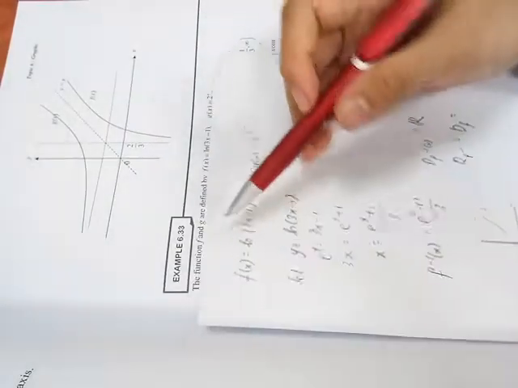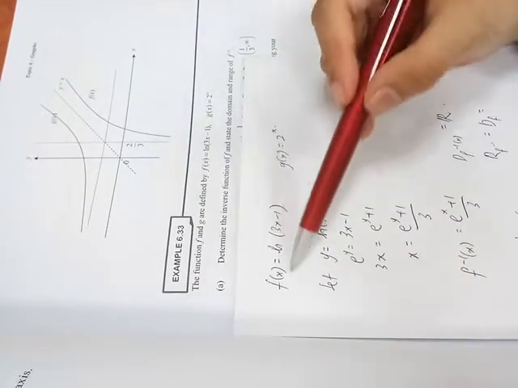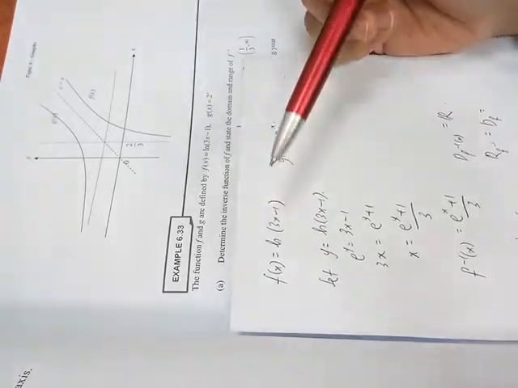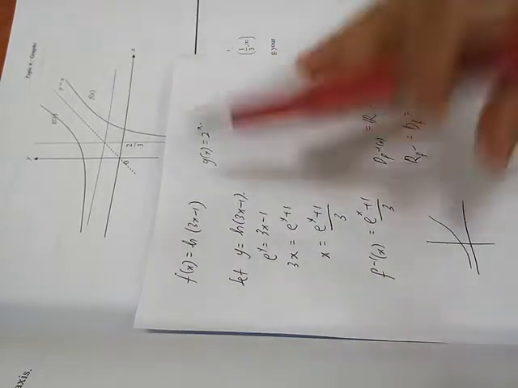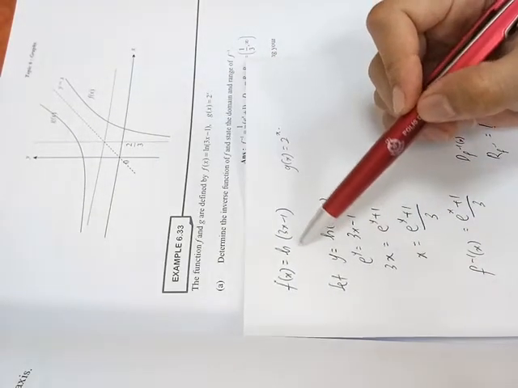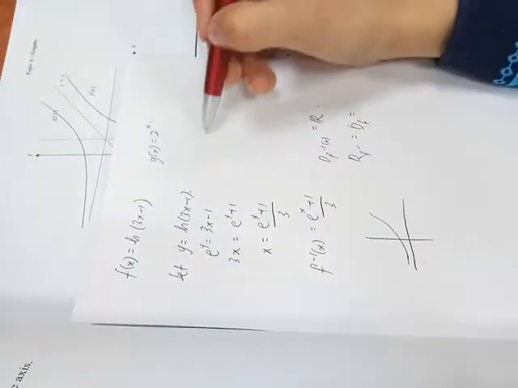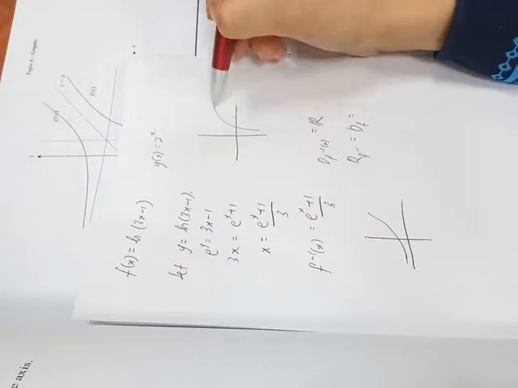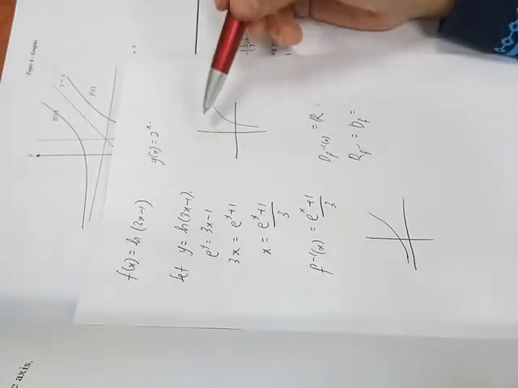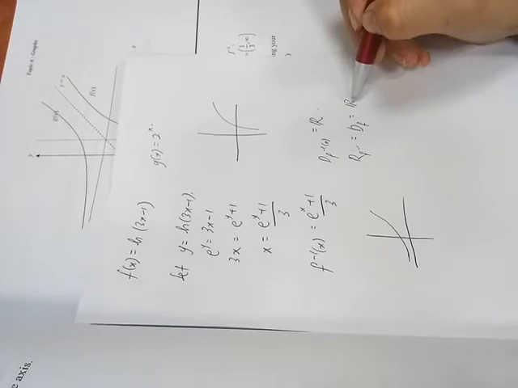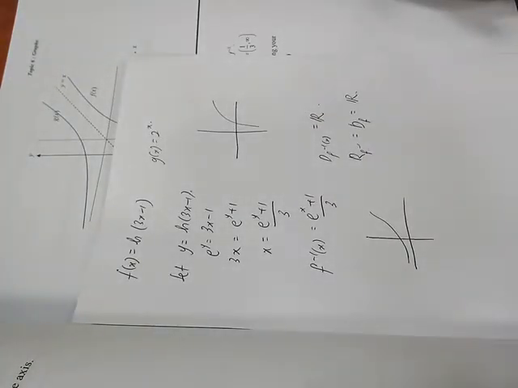So if you know the domain of f, you will know the range of f inverse, which is the same as the domain of f. The function f is a logarithmic function, and basically for the logarithmic function the graph will be like this.